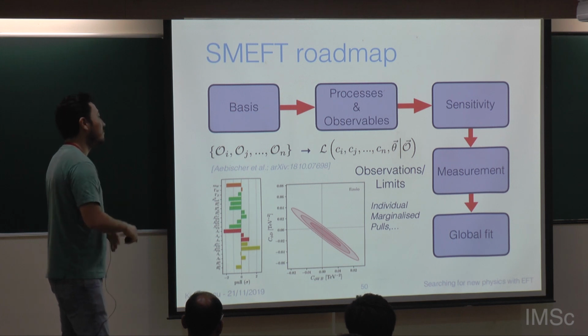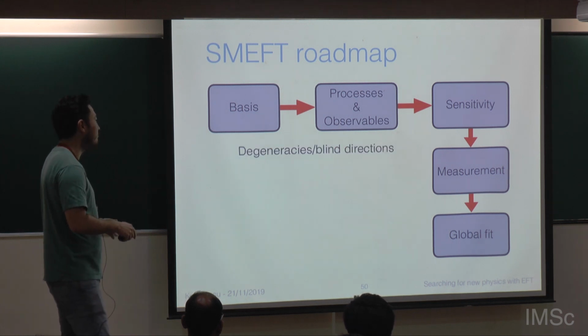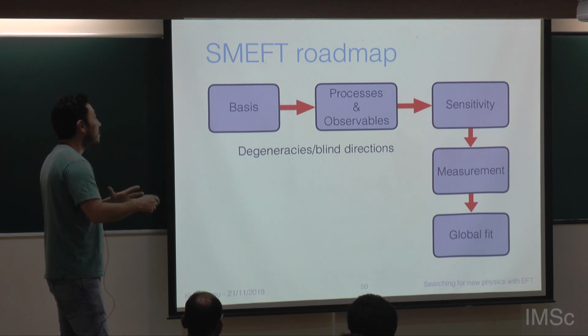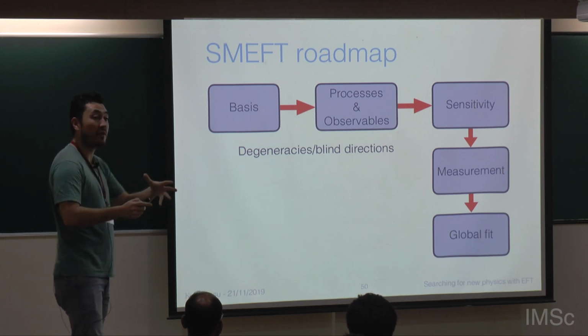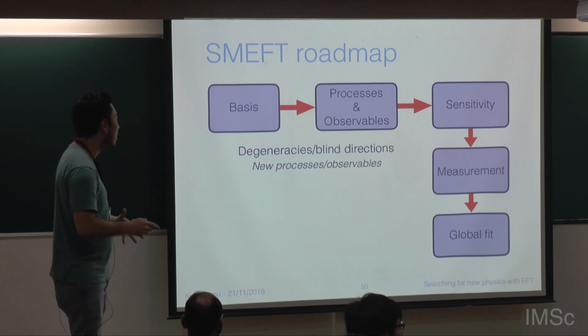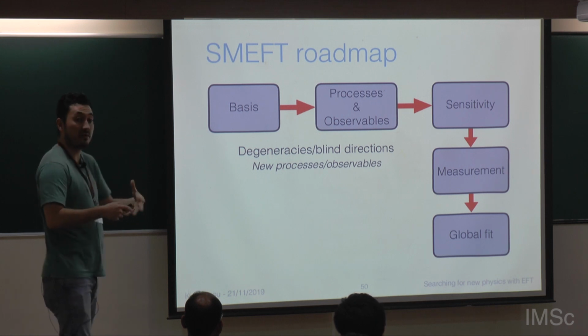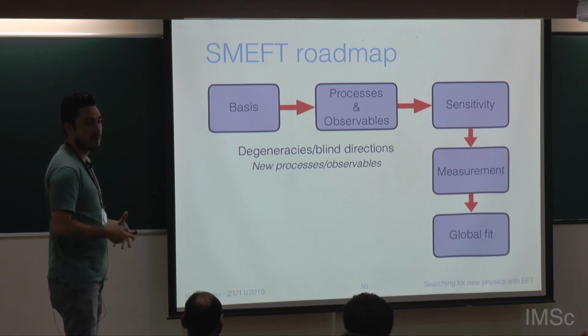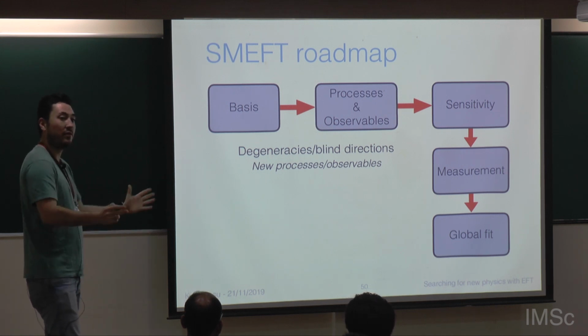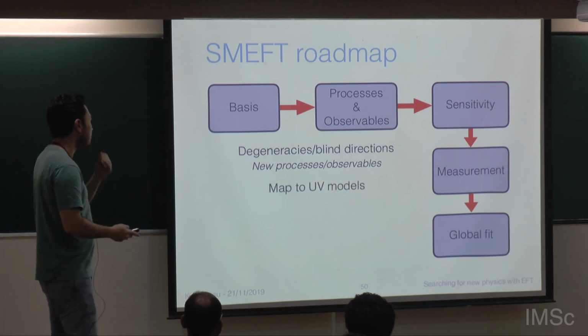And there are various statistical analyses that you can do. And now analyzing this space of operators that's constrained or not allows you to perhaps work out where you have some blind direction, some lack of sensitivity somewhere. And perhaps will even motivate further measurements, further processes that might help you close various directions in the parameter space.